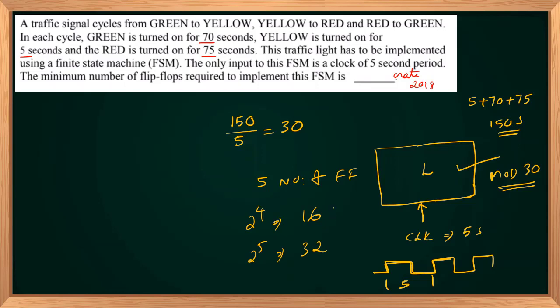So 30 lies between 16 and 32. So I should use 5 flip-flops. With 5 flip-flops, you will have 5 different outputs, Q5 to Q1, of which you can make use of 3 different outputs to control the green, yellow, or red lights.